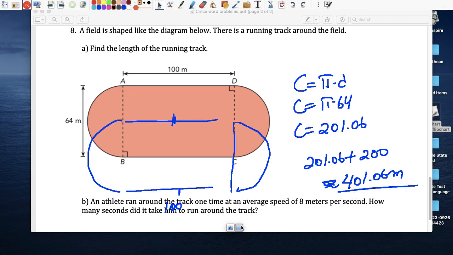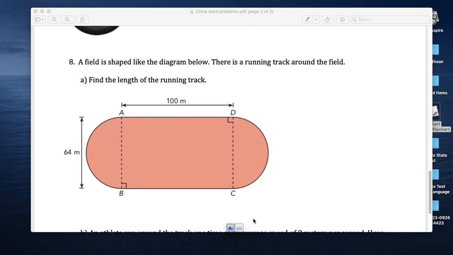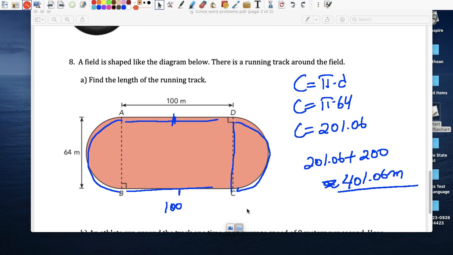All right, so the distance around the track is 401.06. He travels at a rate of 8 meters per second. So remember that formula we used, D equals RT. The distance is 401.06. The speed that he's traveling at is 8 meters per second.